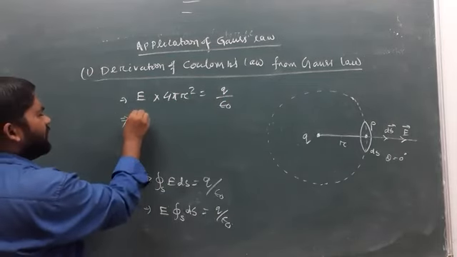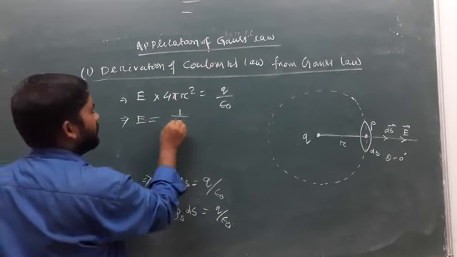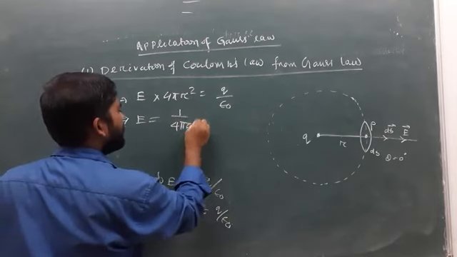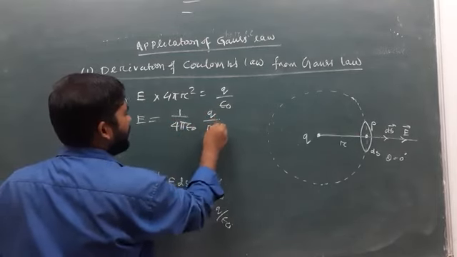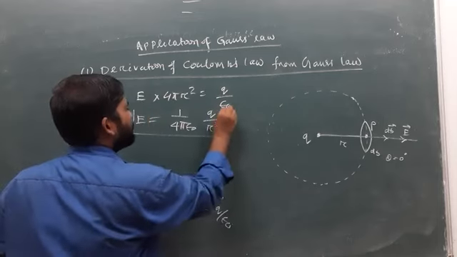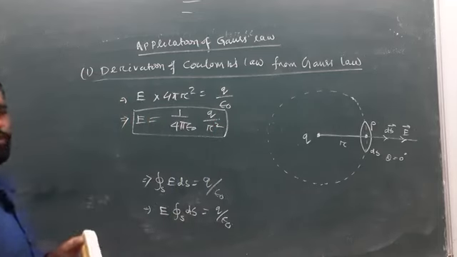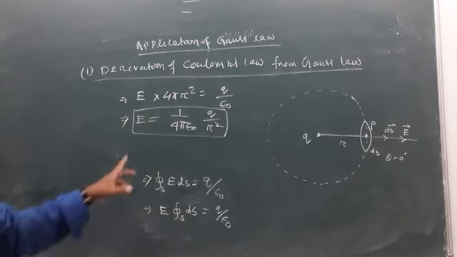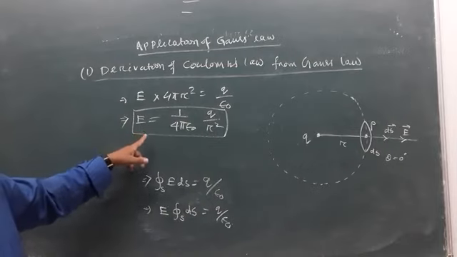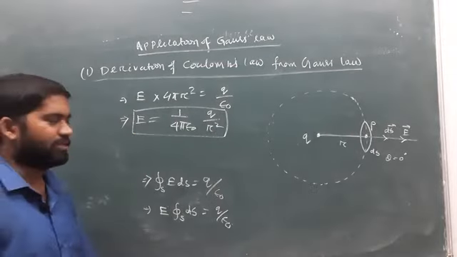That implies E equals 1 by 4 pi epsilon 0 times q by r square. So that is the electric field intensity for a point charge.